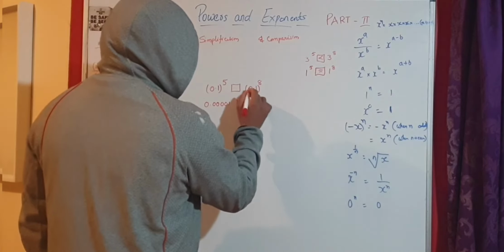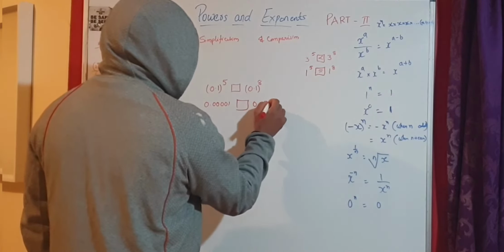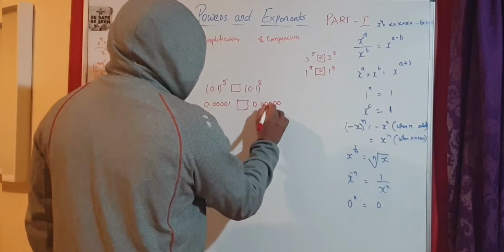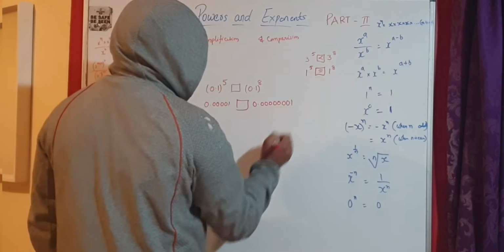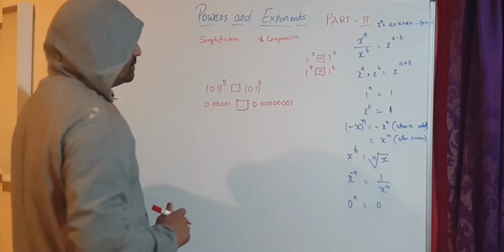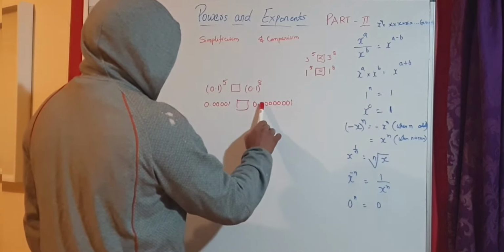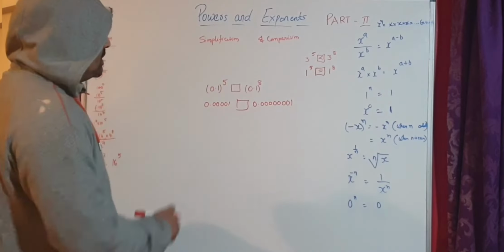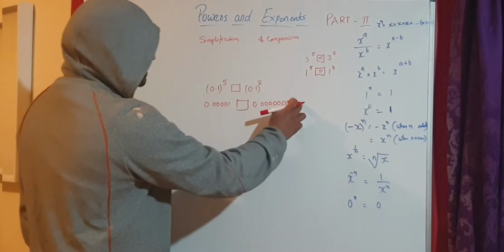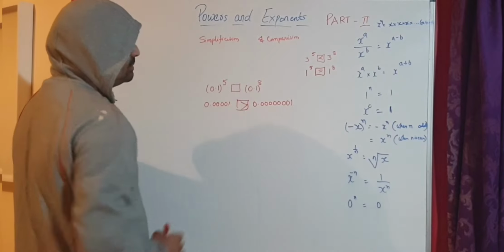And this is going to be 0.00000001. Yeah, so there are 8 places: 1, 2, 3, 4, 5, 6, 7, 8. So which one is bigger? So this is equal to this one, and this is equal to this one. Which one is bigger? So this is bigger.